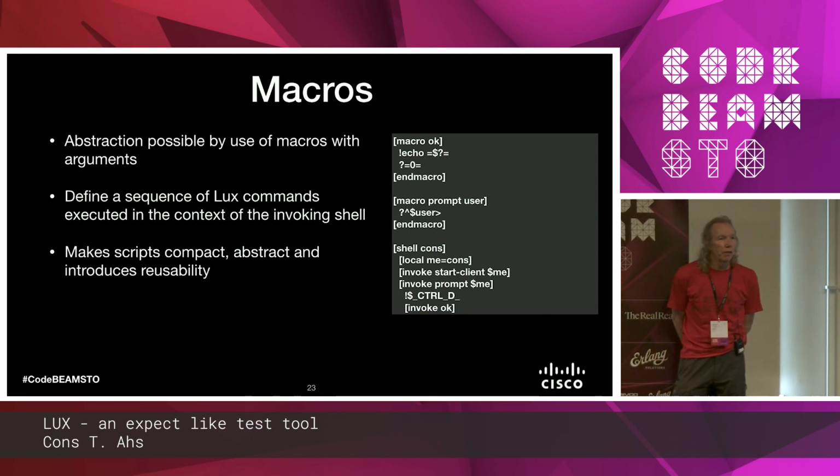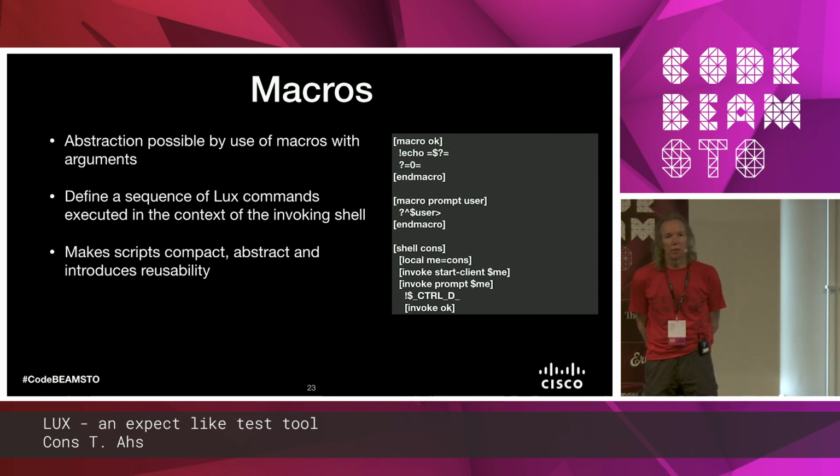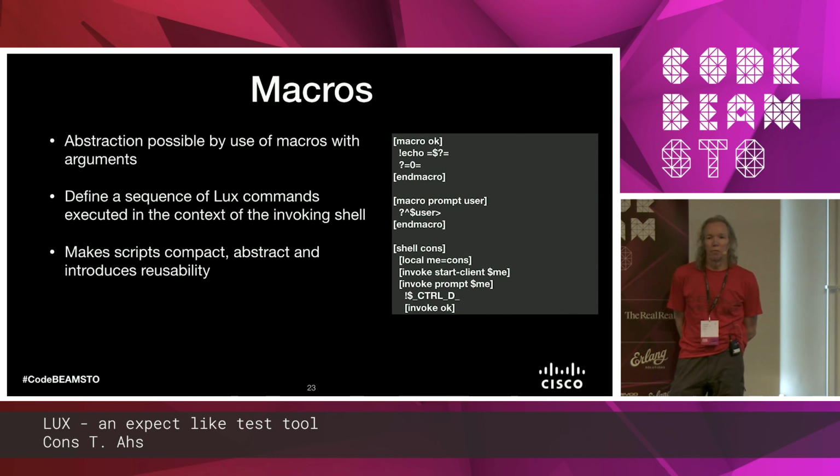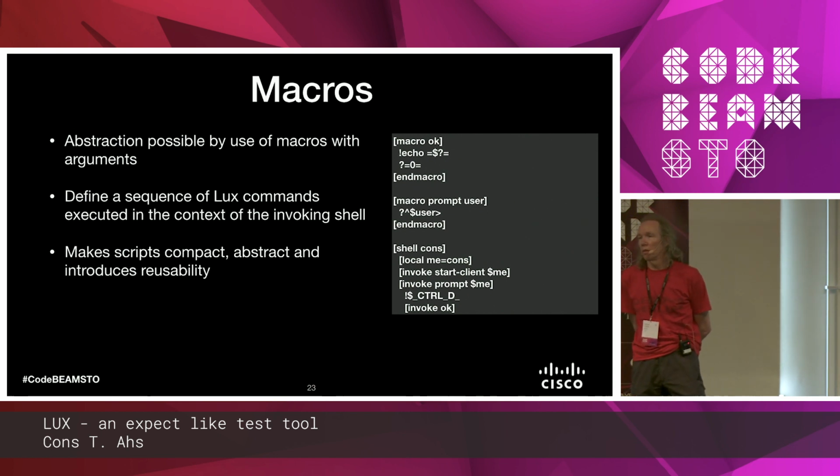So this is, of course, very convenient. The test scripts become shorter, with a high level of abstraction, and it's also very common to have a number of macros in common LUX include files to be reused between scripts.